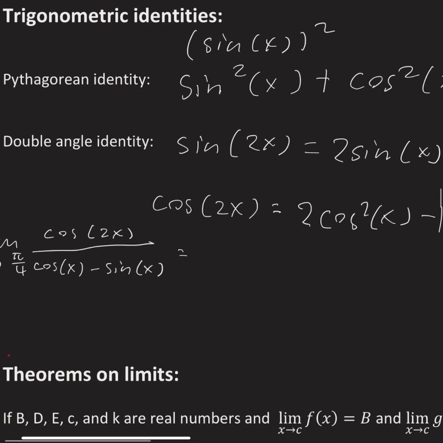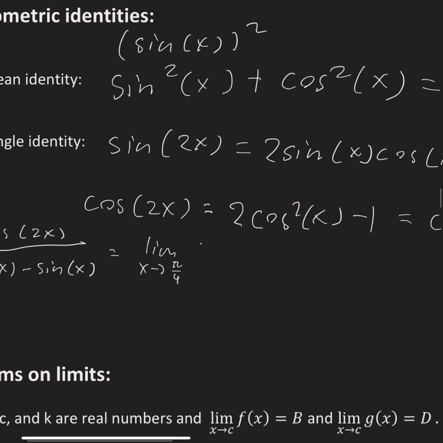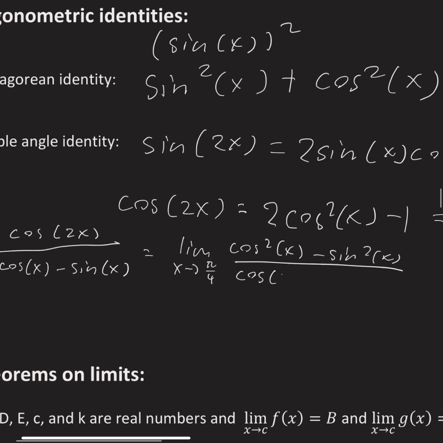So let's use that. Limit as x approaches pi over 4. That's equal to cosine squared of x minus sine squared of x over cosine of x minus sine of x.